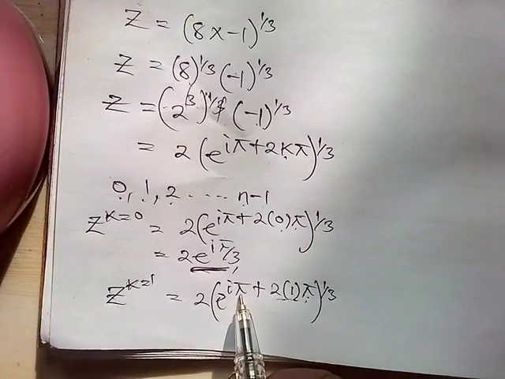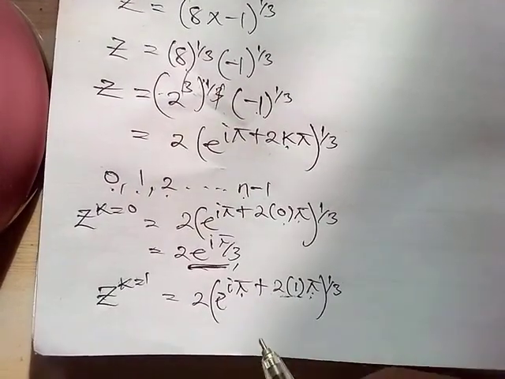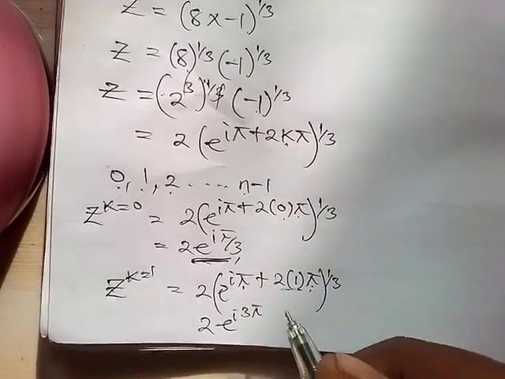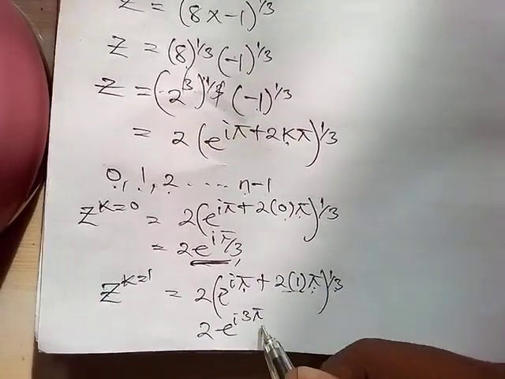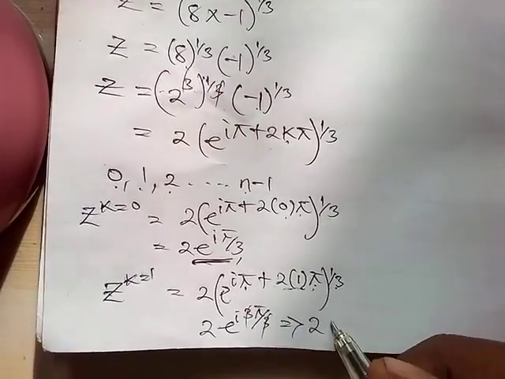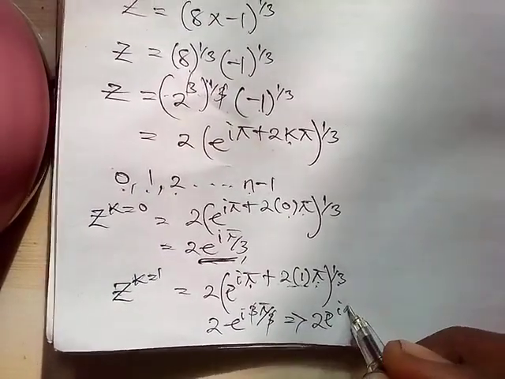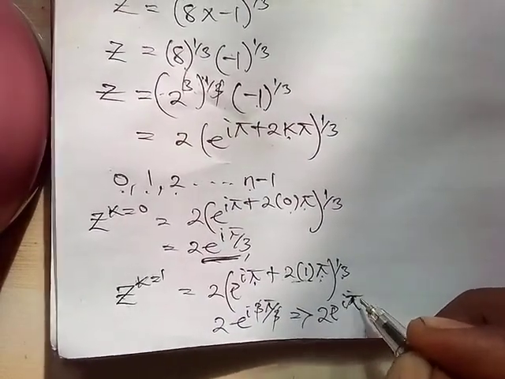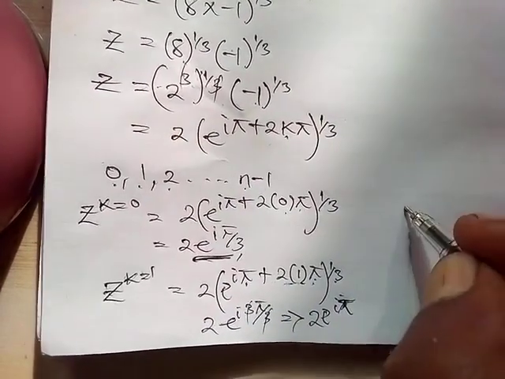So 2 plus 1 will give you 3. So we have 2 into e to the i, 3 pi over 3. And that 3 will divide itself, so that what we have finally is 2e to the i pi.